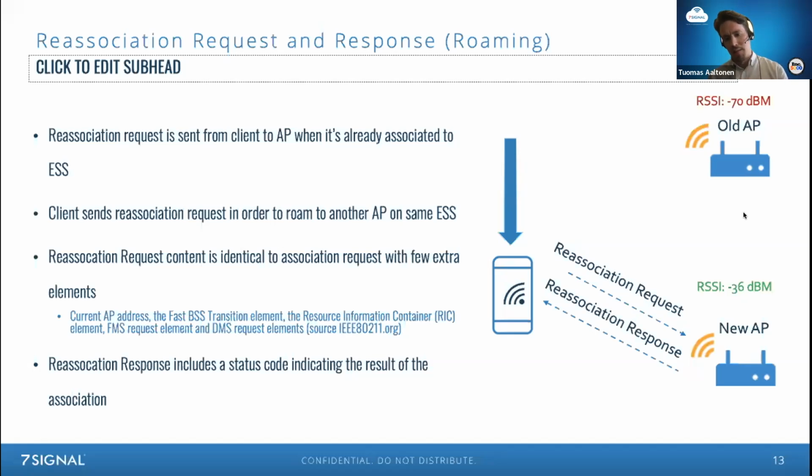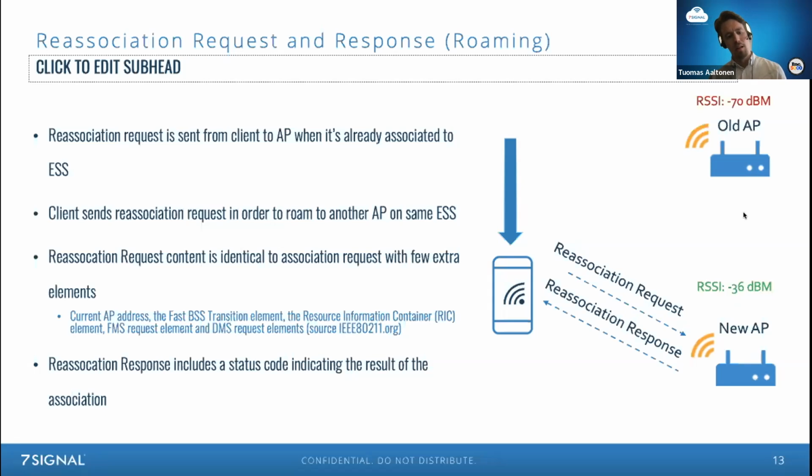So in this case, it has already found suitable candidates with -36 dBm signal strength and wants to move to that access point for keeping the connection stable and better. And it sends a reassociation request to this new access point. Again, the content of the reassociation is almost identical to the association with certain extra elements.